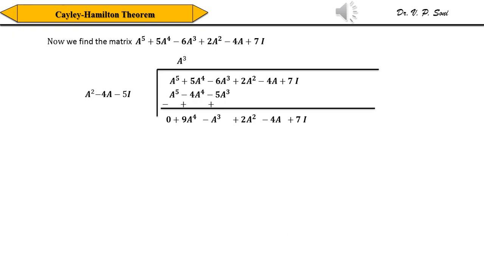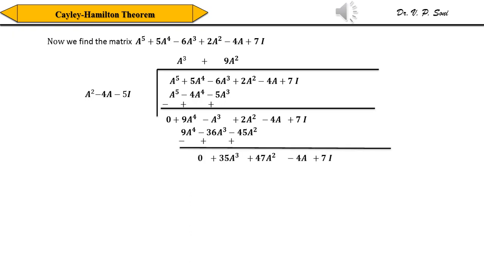Now the degree of the remainder polynomial is 4 and the degree of the divisor polynomial is 2, right? So multiply the divisor by 9A square, then we get the polynomial 9A raised to 4 minus 36A cube minus 45A square. Now subtract, then we get 35A cube plus 47A square minus 4A plus 7I.